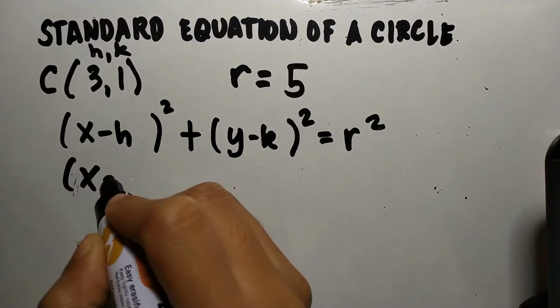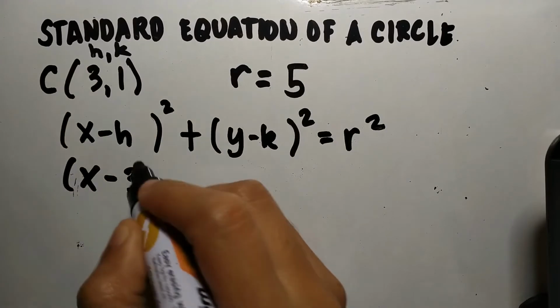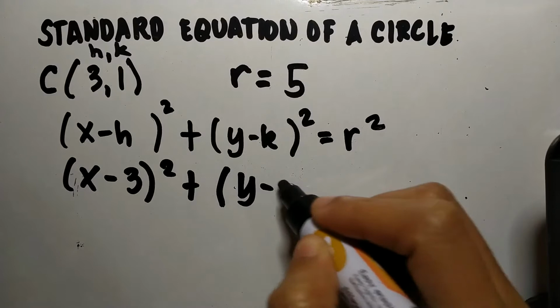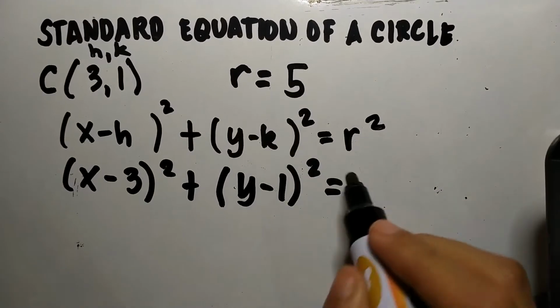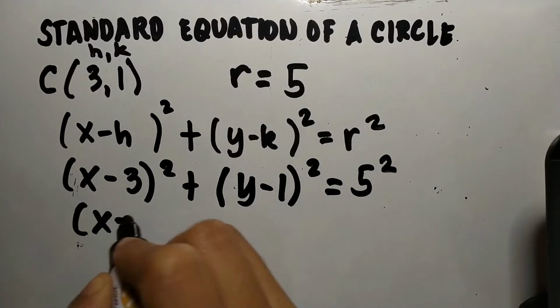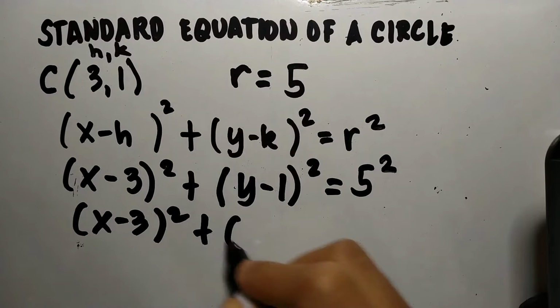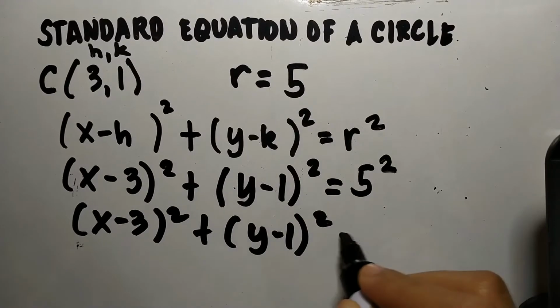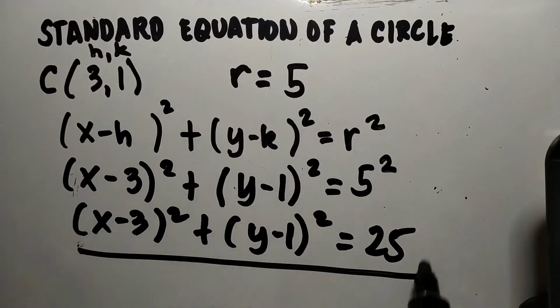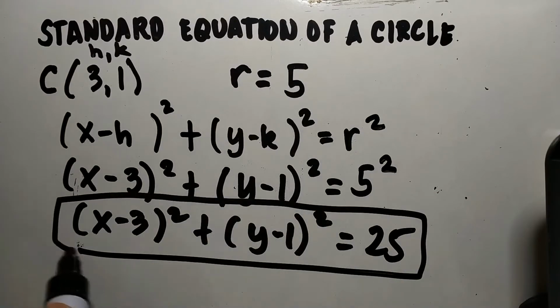We have (x minus 3) squared plus (y minus 1) squared equals 5 squared. What is 5 squared? That is 5 times 5. So (x minus 3) squared plus (y minus 1) squared equals 25. That is the standard equation of a circle given figure 1.7.